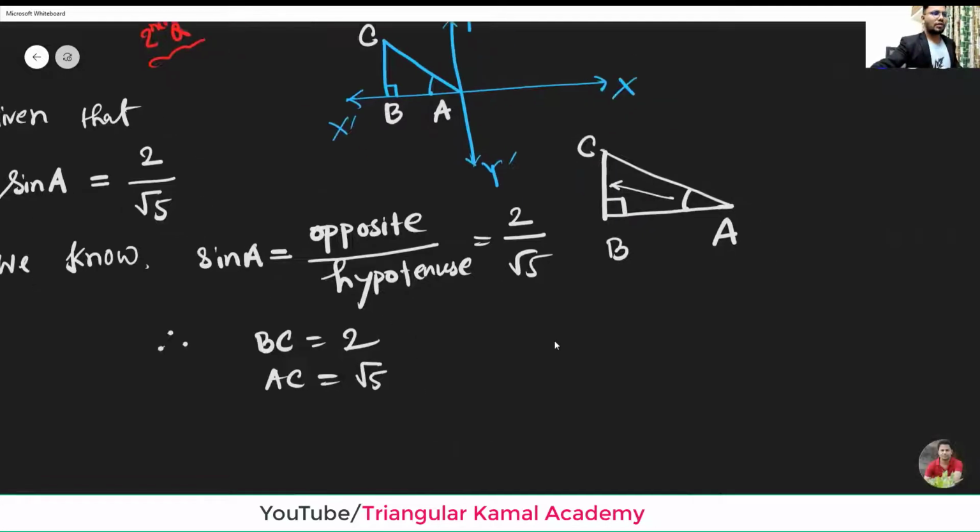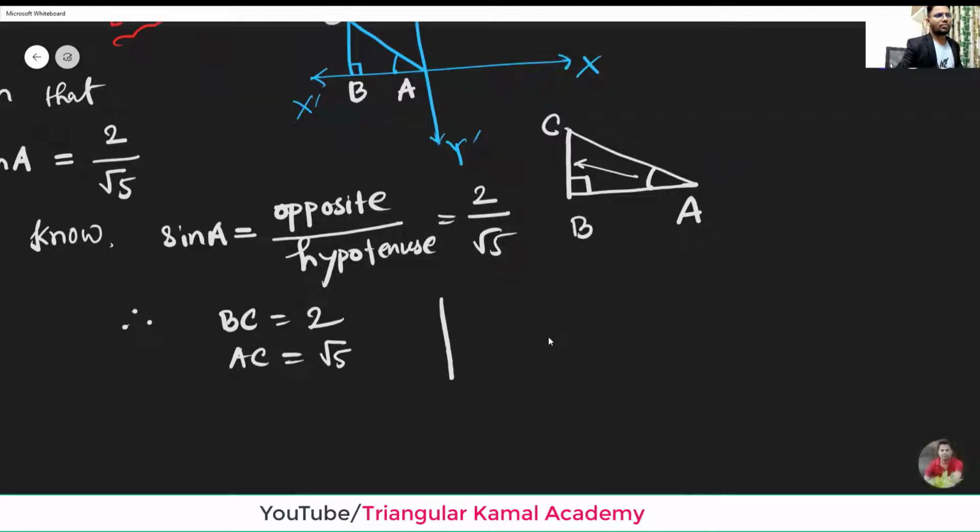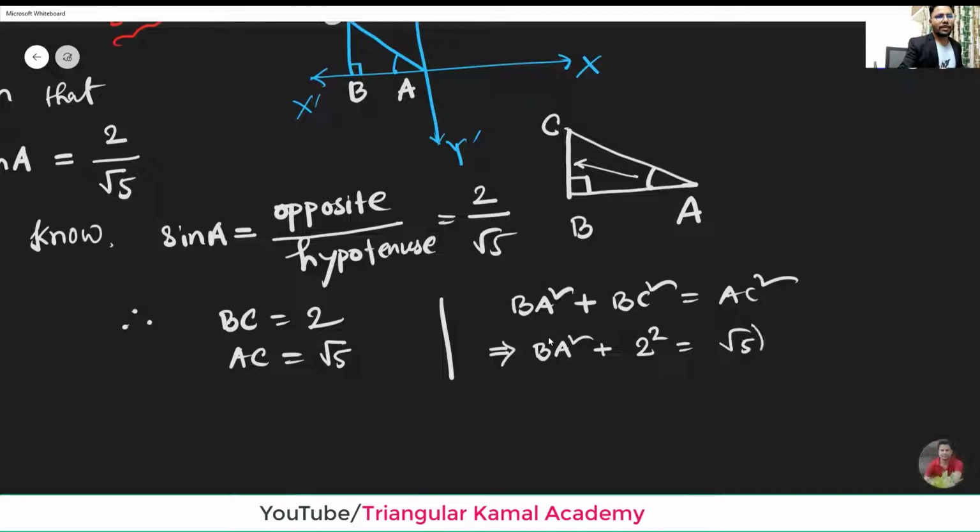By using the Pythagorean theorem, BA square plus BC square is equal to AC square. So now BA square, that means this is adjacent BA, which is unknown, and BC square, that means 2 square, and this is root over 5 square. So now BA square plus 4 is equal to, eliminating square and root, this one is 5.